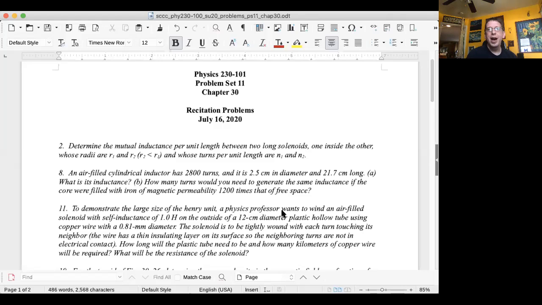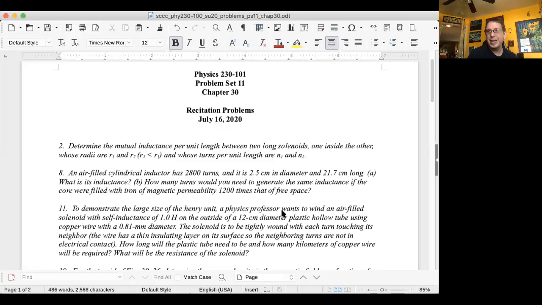So the flux through the inner solenoid is just equal to the magnetic field inside it multiplied by its area, which is pi r2 squared. And then you want to figure out the flux through the outer solenoid, but it depends on which solenoid has the current running through it, at least initially.